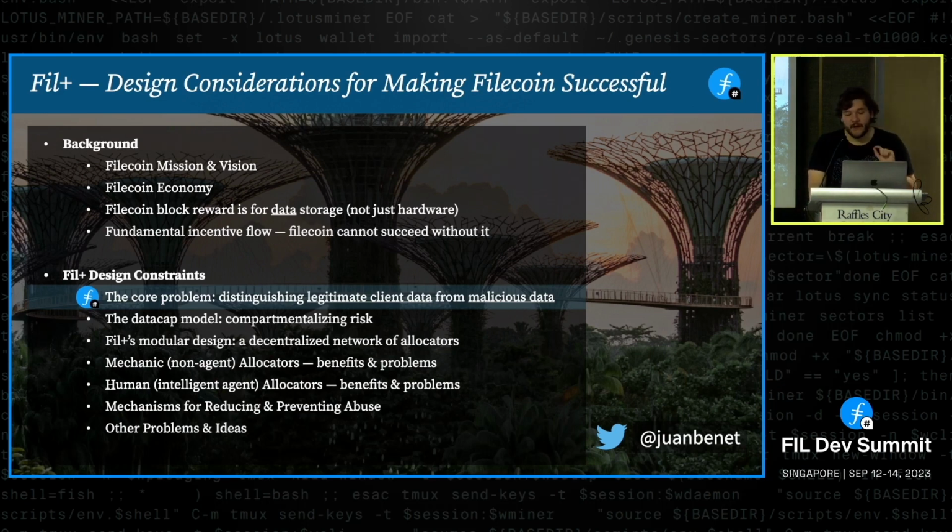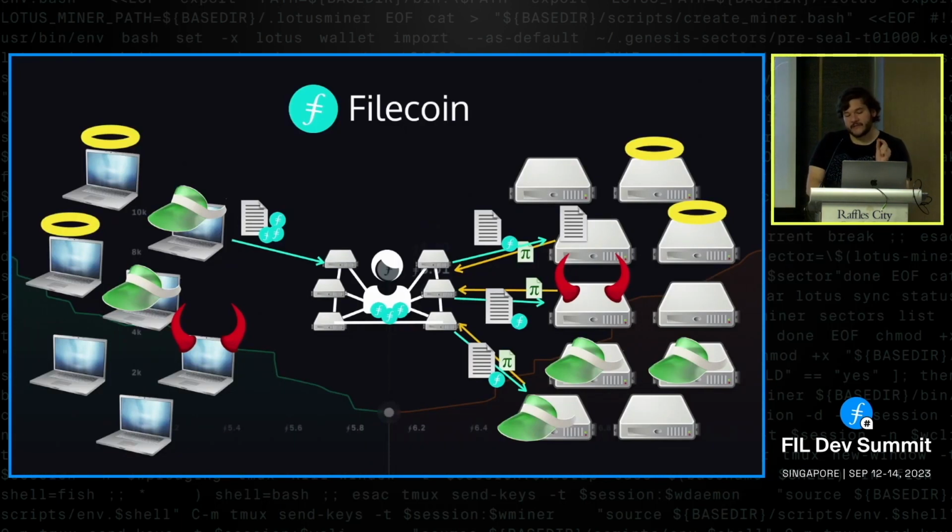But the key issue here is, how do you distinguish a legitimate client bringing in data from a malicious client that's self-dealing, where it's not actually legit data? That's the fundamental problem that Filecoin Plus is solving. You can do other stuff along the way, like turn it into supporting retrievability, or supporting the selection of valuable data that we all really like versus data that we don't like.